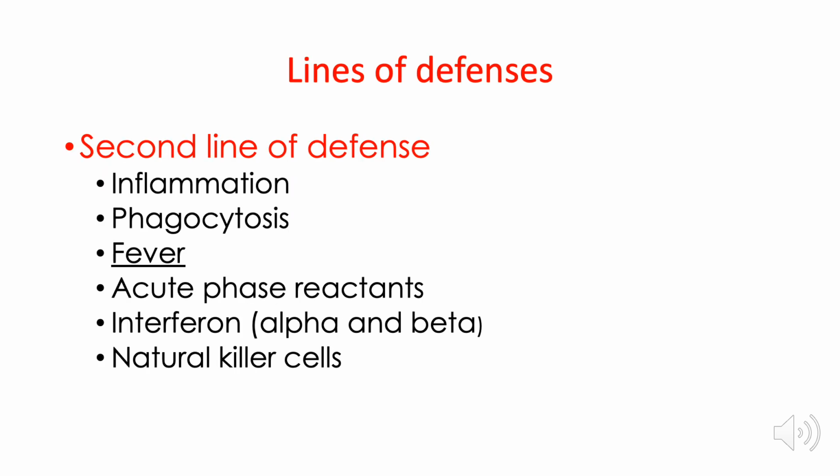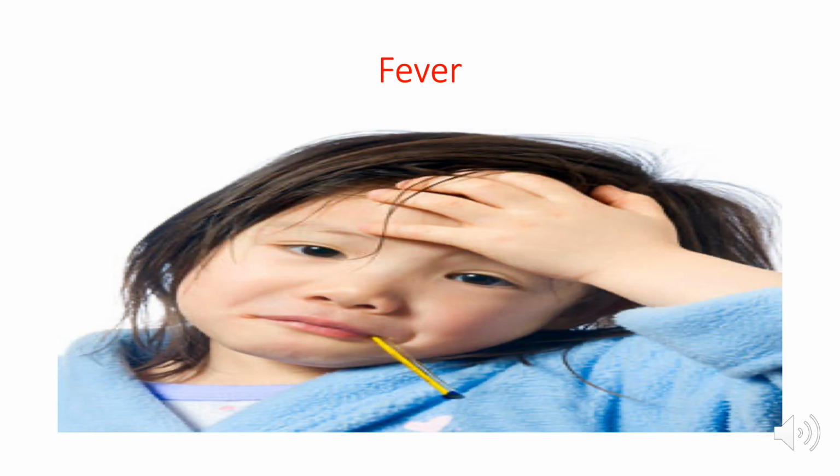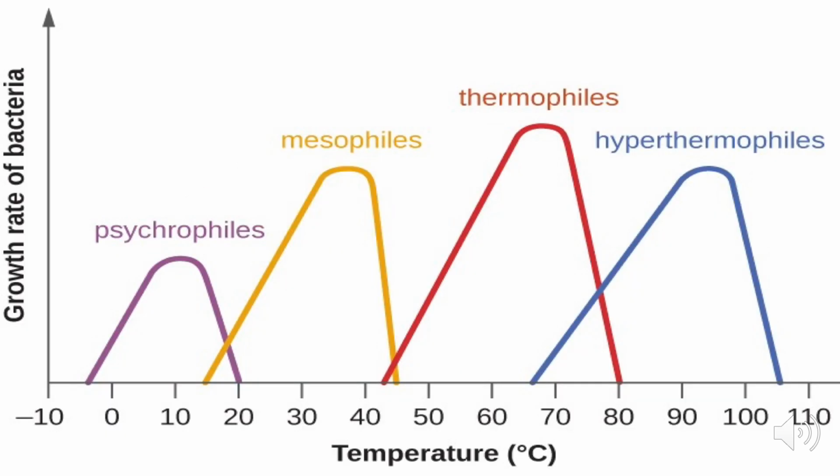As for the second line of defense, we have already covered inflammation, then phagocytosis. We have discussed chemotaxis under phagocytosis. We will now go to our second line of defense: fever. Is fever an immune response? Most of the bacteria that are causing us to get sick are classified as mesophiles.